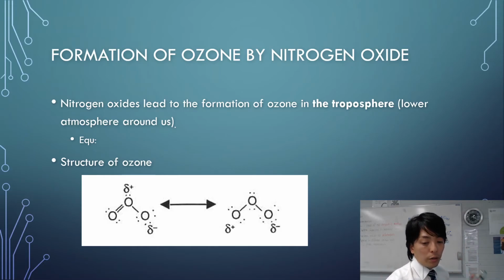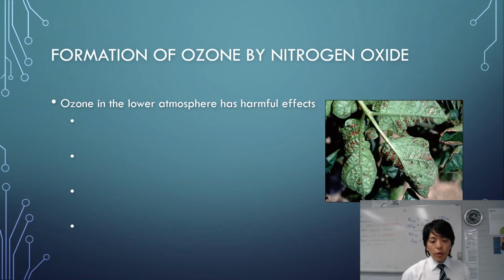So ozone is a bent shape and it keeps switching the structure. So there's a bit of stability, but it's still very reactive in terms of oxidizing something. It wants to give that oxygen away to oxidize. Ozone in the lower atmosphere, the troposphere, has harmful effects.